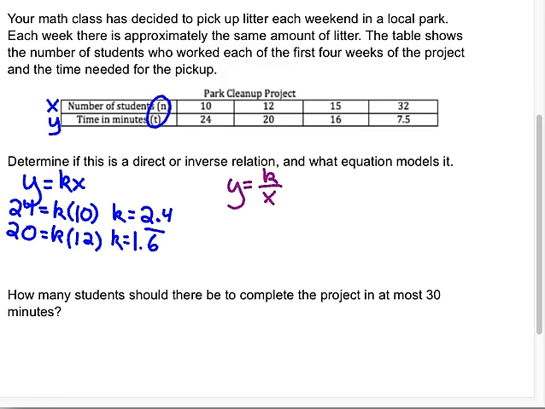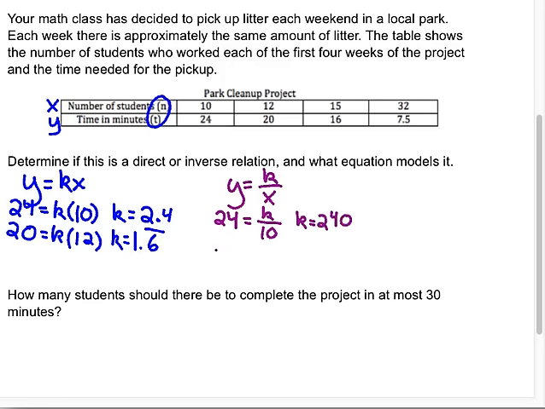Let's see if this ends up working better. All right, so I plug in my values. When I multiply that 10 over, I get a k of 240.